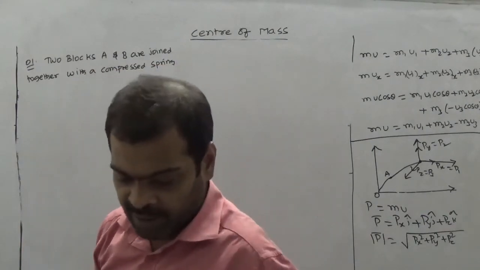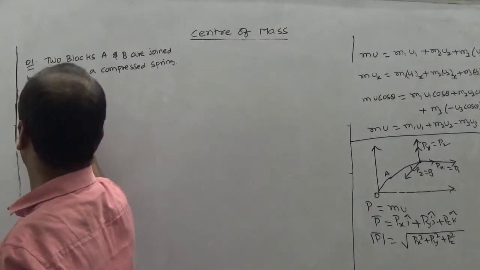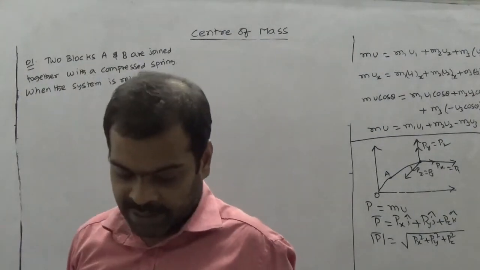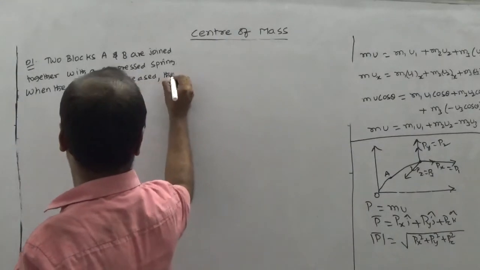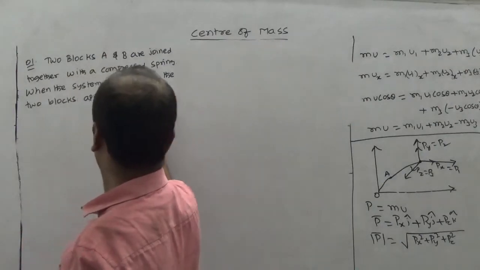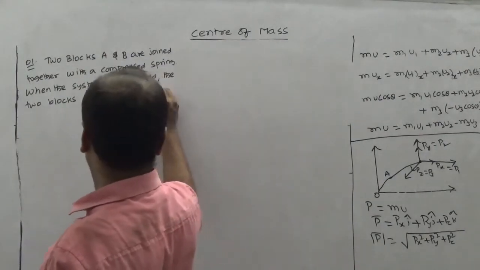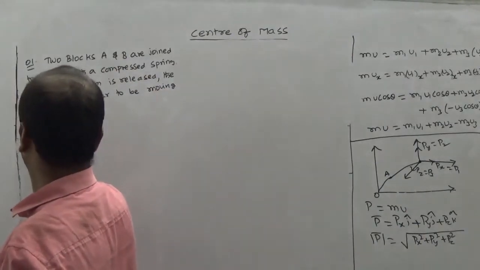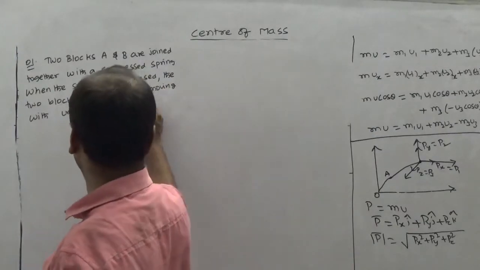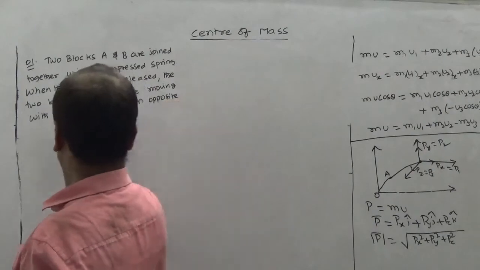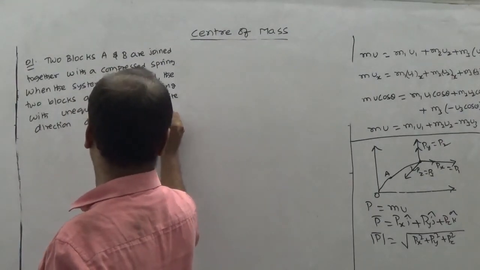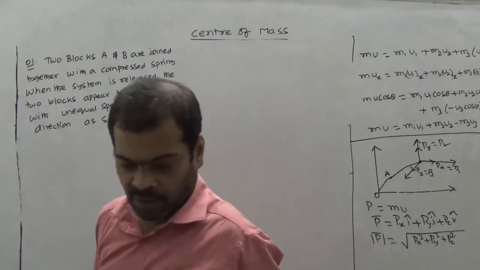When the system is released, the two blocks appear to be moving with unequal speeds in opposite direction, as shown in the diagram. All of you draw the diagram.